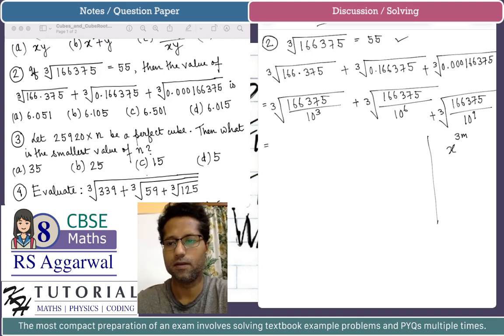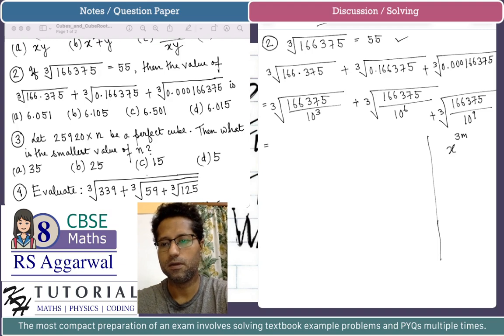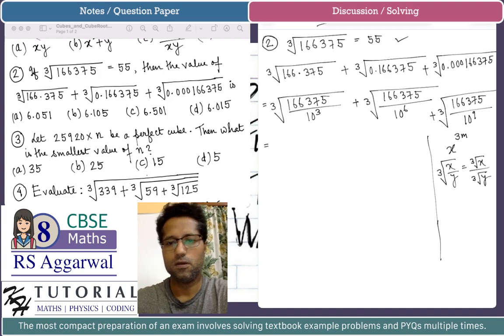Now we will apply the concept that the cube root of x by y is equal to the cube root of x divided by the cube root of y. So the first term will be the cube root of 166,375 divided by the cube root of 10 to the power 3.